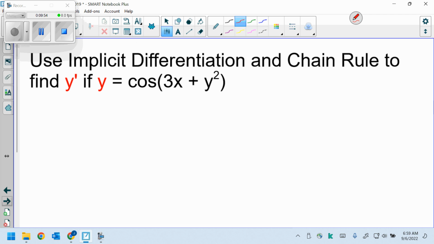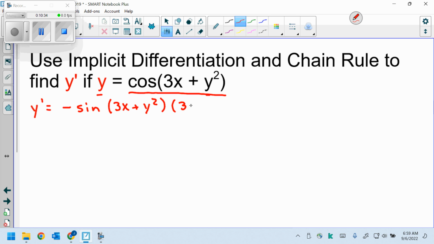Let's find y prime here. Well, let's see. I have y's on both sides, so it looks like implicit differentiation. So I'm going to have the derivative, y prime equals. This guy here looks like a chain rule: derivative of the outer, don't mess with the inner, times derivative of the inner.